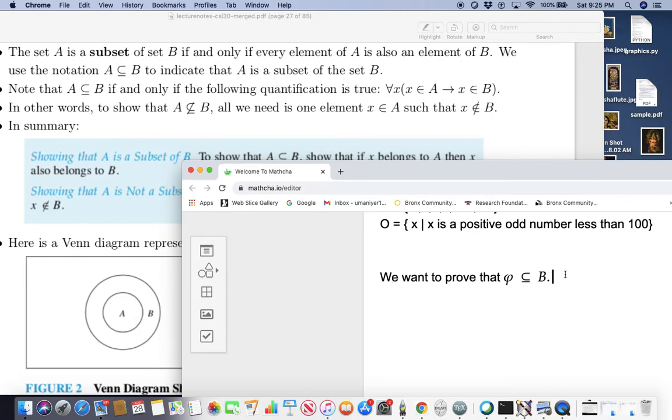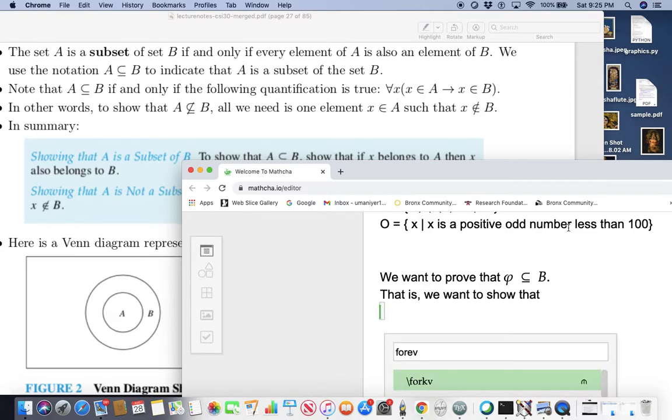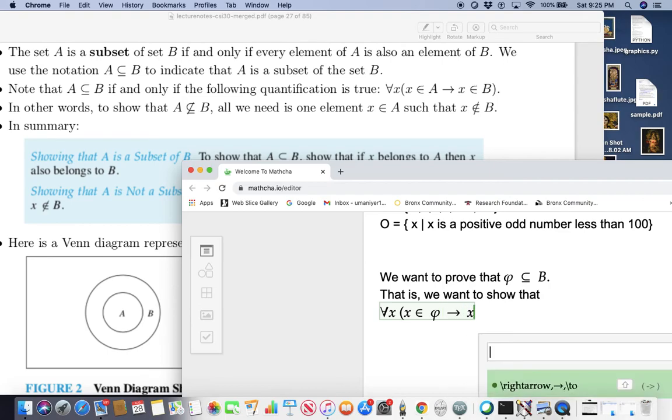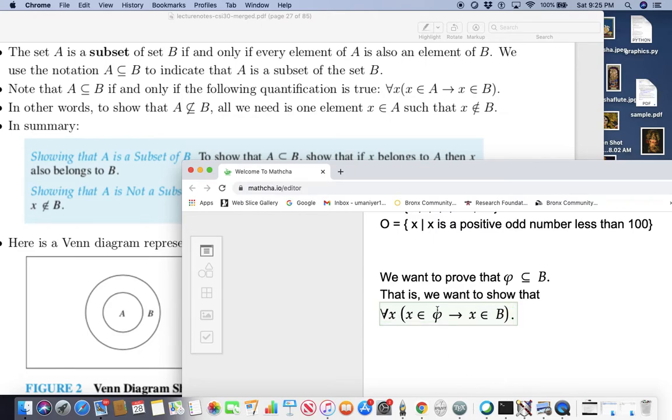That is, we want to show that for every x, x is in the empty set implies x is in B. Note, the empty set has nothing in it.